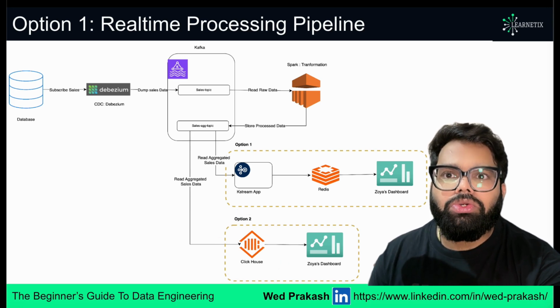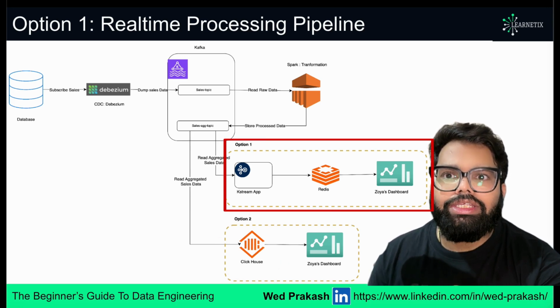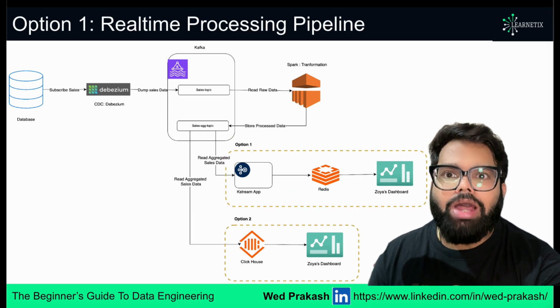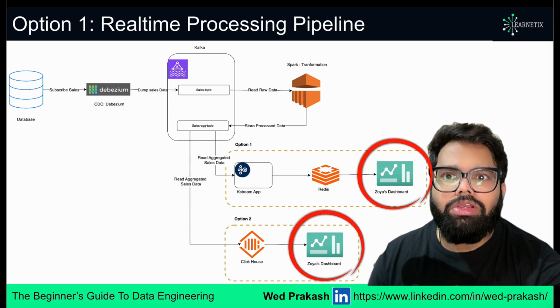Or option number 2, cache it in a low-latency data store like Redis or Elasticsearch that powers the real-time dashboard. Either way, your analytics team will now have live data at their fingertips, ready to be visualized in tools like Metabase, Power BI, or a custom dashboard.